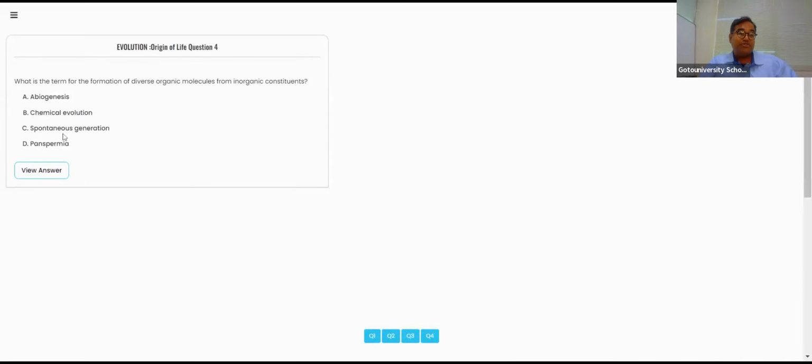Spontaneous generation denotes a theory of random species origination. In a random time interval, a species is originated. That is not accepted at all. The other name of spontaneous generation is abiogenesis theory. What do you mean by abiogenesis theory?